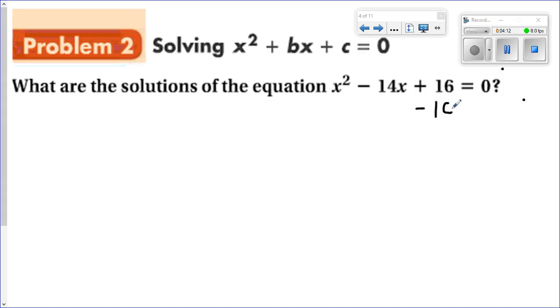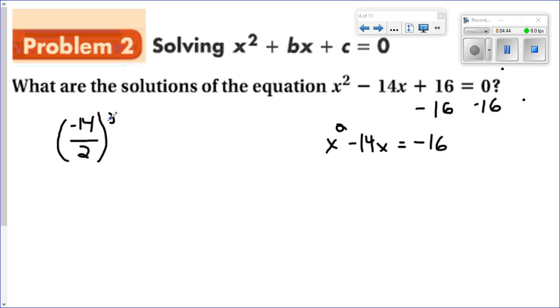So the first thing that we do is we subtract 16 from both sides. When we subtract 16 from both sides, we are now in the form of x squared minus 14x equals negative 16. And now, since we're in this form of x squared minus or plus bx, we can go ahead and take b divided by 2, negative 14 divided by 2, squared.